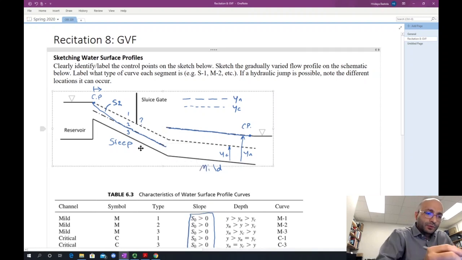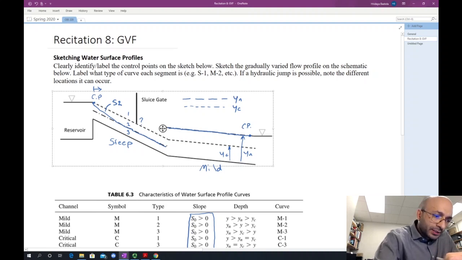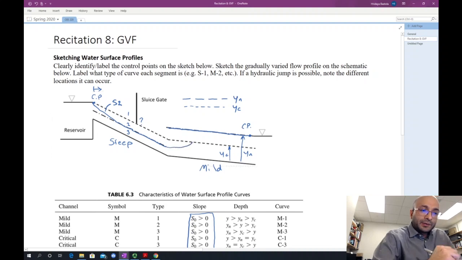One situation that could occur is the hydraulic jump could occur on the mild portion of the channel. It will look something like this and approaches the critical depth line at a large angle. Mathematically it will be about 90 degrees.